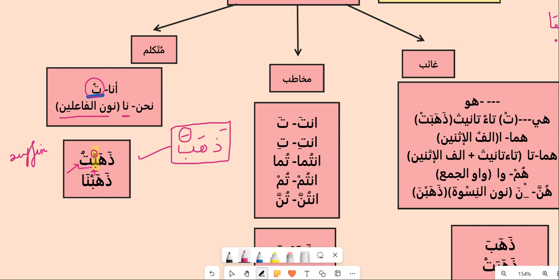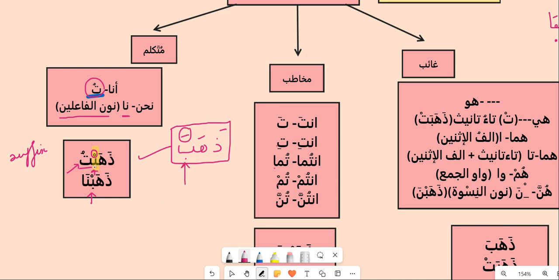Dhahabtu. Now you pronounce the verb as dhahabtu. So this is the rule. Whenever you attach the second category damir, that is tu, na, and here you can see ta, ti, tuma, tum, tunna, when you attach them with the past tense verb, you need to put the sukoon over the last letter of the verb, that is the ba.